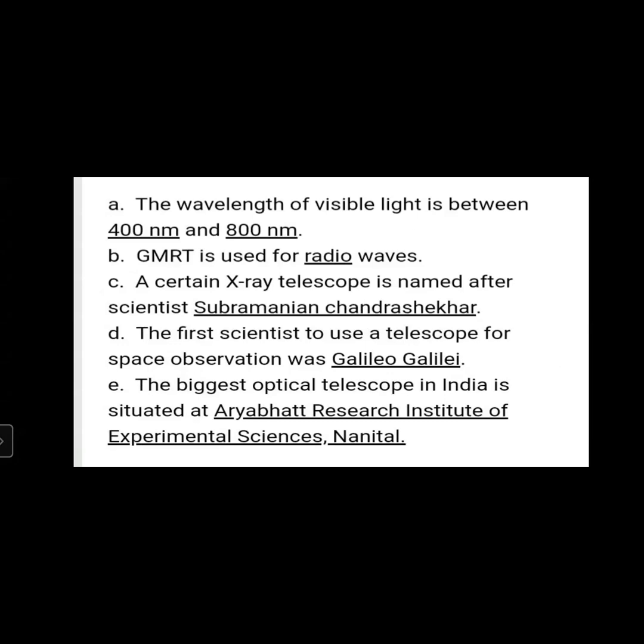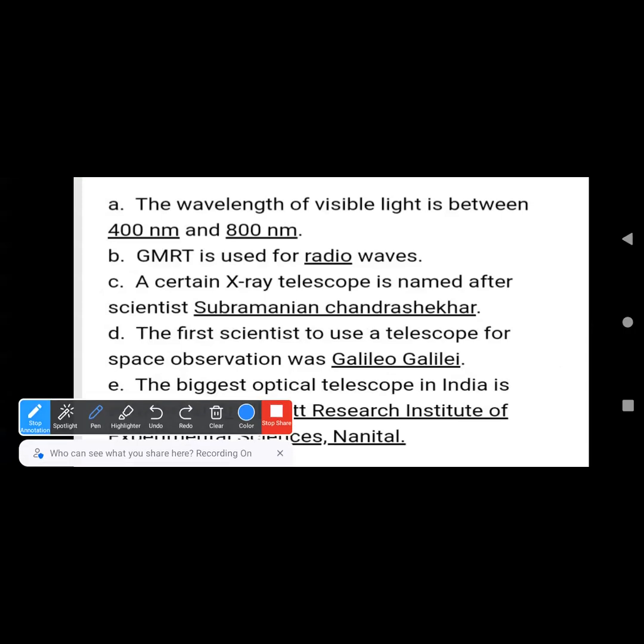The wavelength of visible light is between dash and dash. So it is 400 nanometers to 800 nanometers. So this is the visible wavelength which we can see.